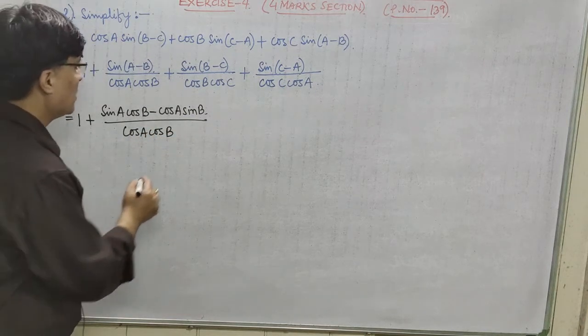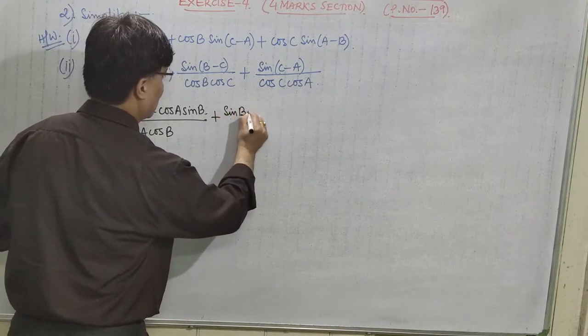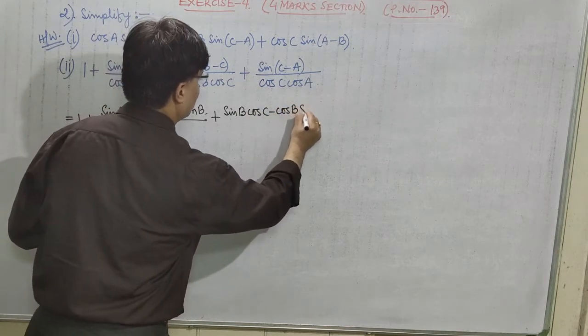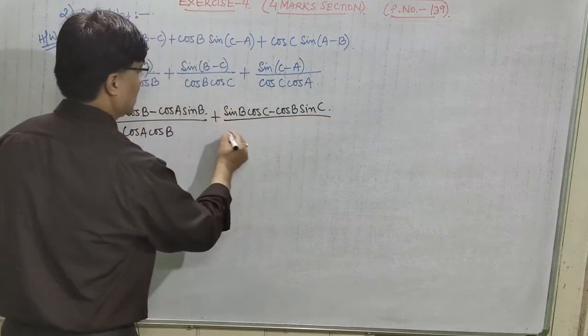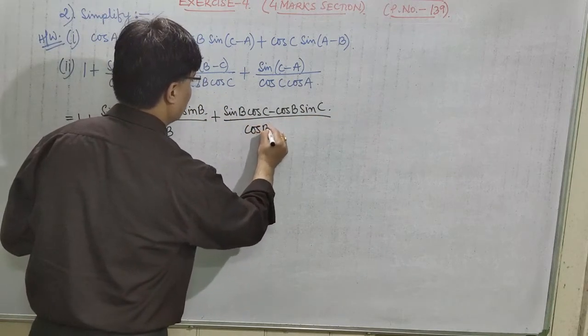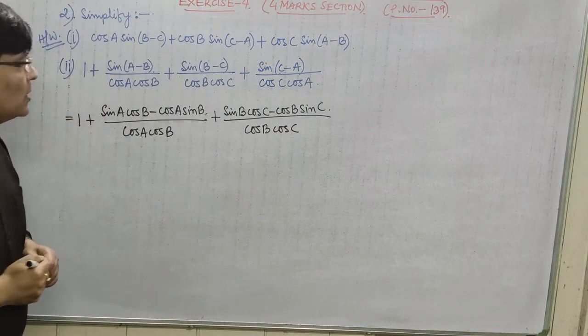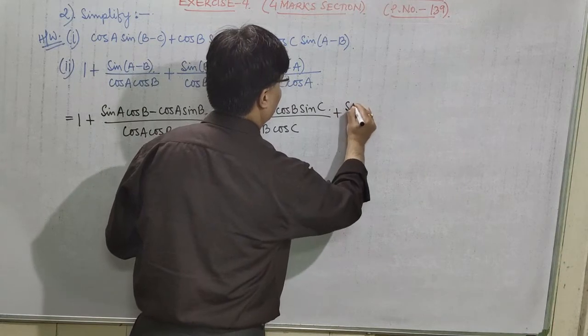Is that clear? Similarly, what is sine of b minus c? Sine b cos c minus cos b sine c divided by cos b cos c, right? So next, plus what is sine of c minus a?